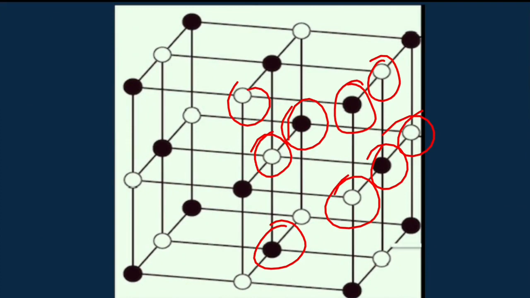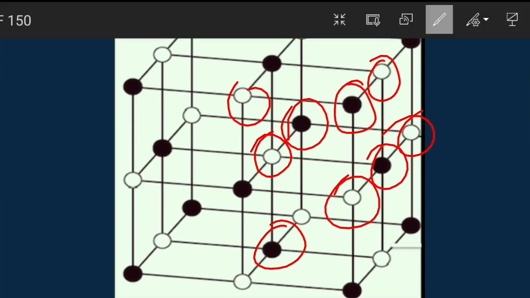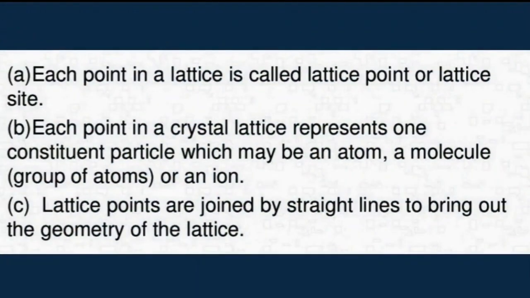Just like that, when you join these lattice points, which they have joined by lines here, you get the shape of that crystal lattice, or the shape of that solid. That is, lattice points joined by straight lines give the geometry of the crystal or the lattice. So those are the three characteristics of a crystal lattice.